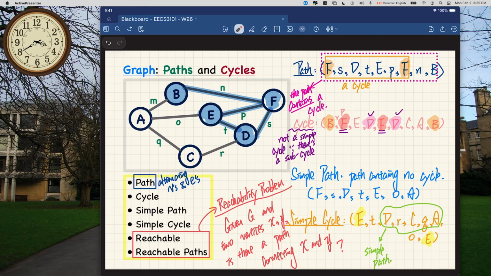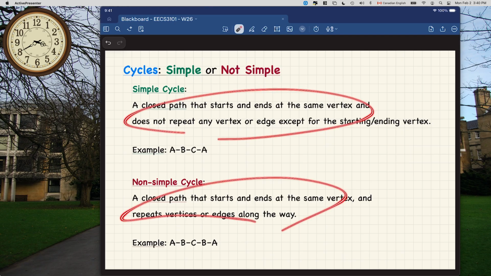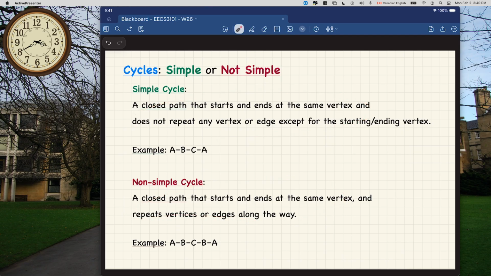Let me clarify just a little bit more about simple cycle and not simple cycle. You can read about the definition here, so let me just go over the example quickly. We have simple and also not simple cycles. You have to look at the middle part of the cycle itself.